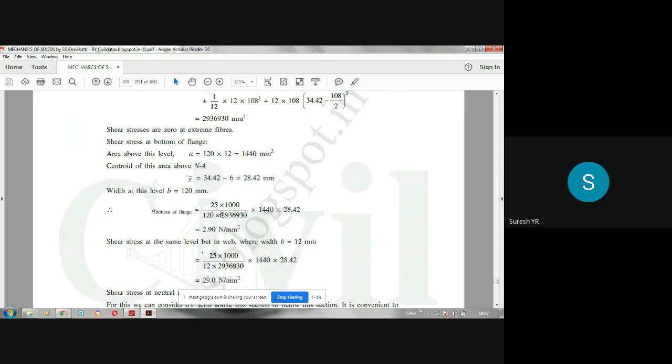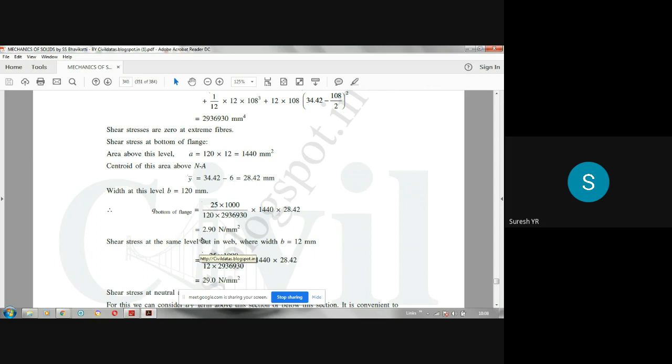Now you substitute in that formula. So Q at the bottom of the flange will be F divided by B into I into A into Y bar, where the area is 120 into 12. Now coming to the other one, just by putting B is equal to 12 in the same thing, instead of 120, you are going to get the web portion, because in the web, the width of web we have to take, B will be 12.